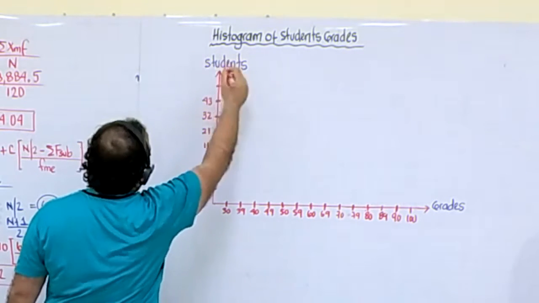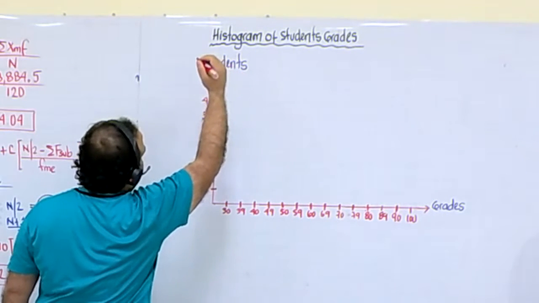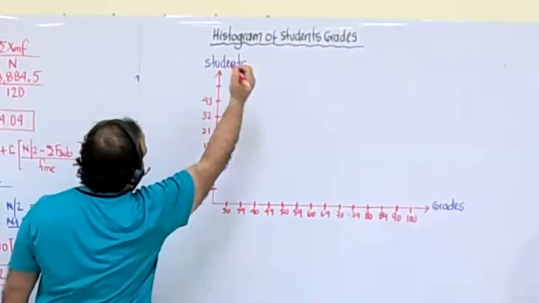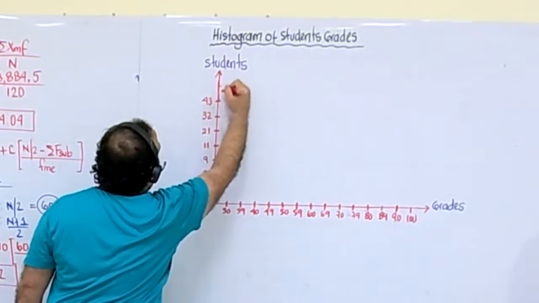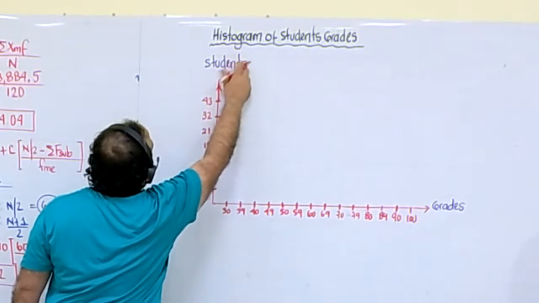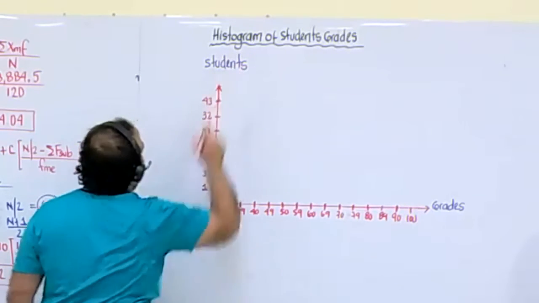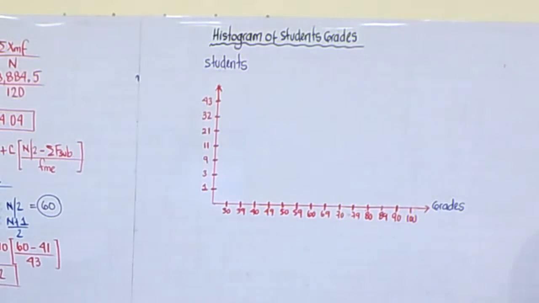This is going to be the quantity of students.